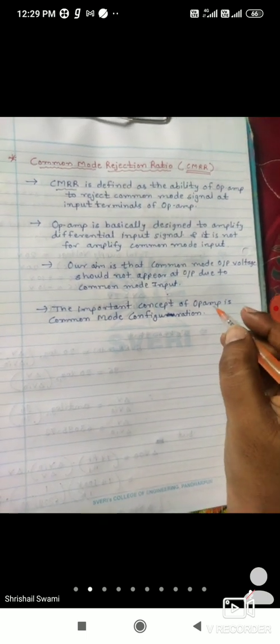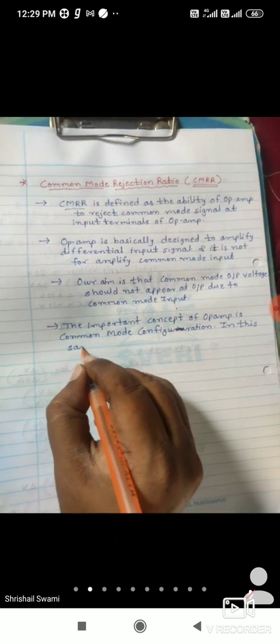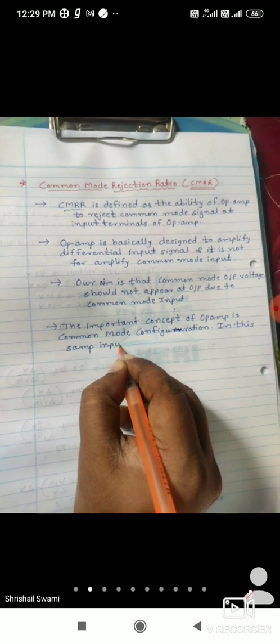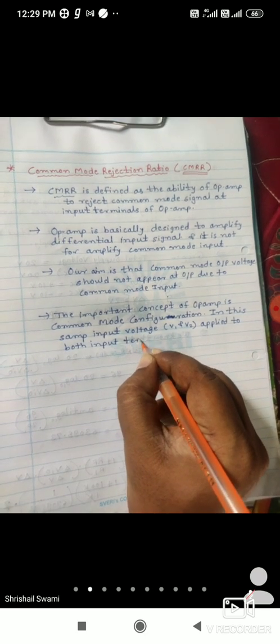Now next, in this configuration, the same input voltages V1 and V2 are applied to both input terminals of the op amp.